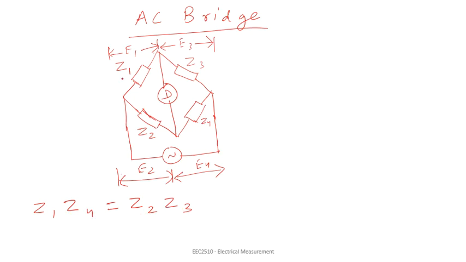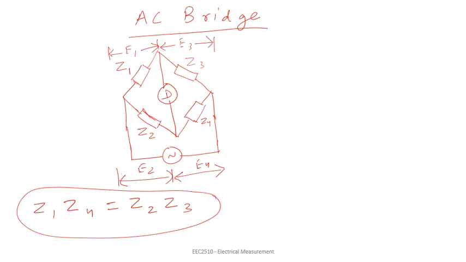So if Z1 is the impedance of this branch and Z4 is the impedance of the branch opposite to Z1, then the product of Z1 and Z4 should be equal to that of Z2 and Z3, and at the same time the sum of the phase angles of the opposite arms must also be equal. These are complex quantities, so they involve both magnitude as well as phase.